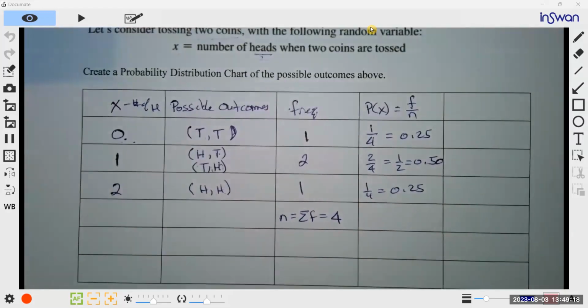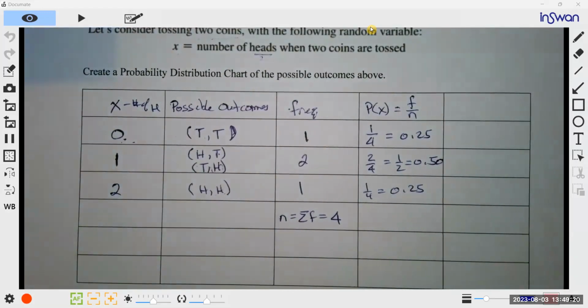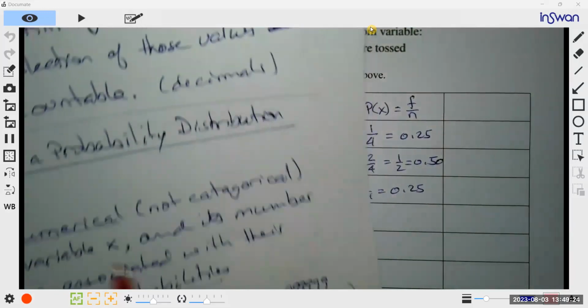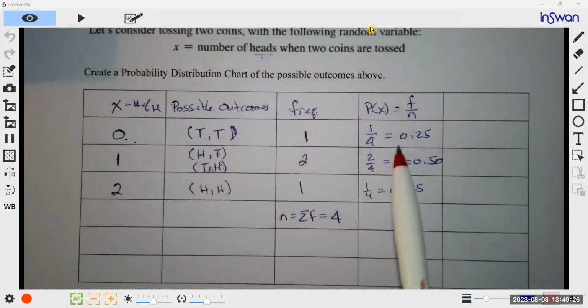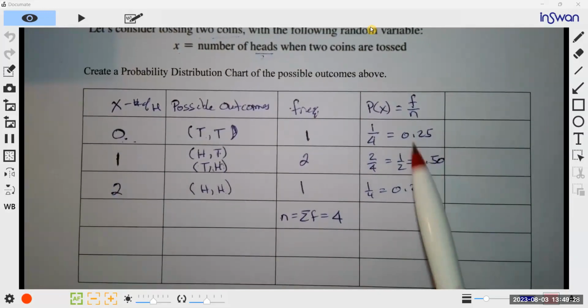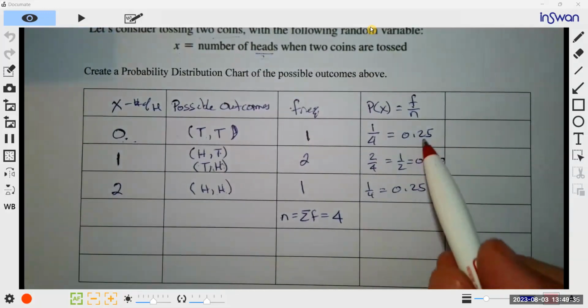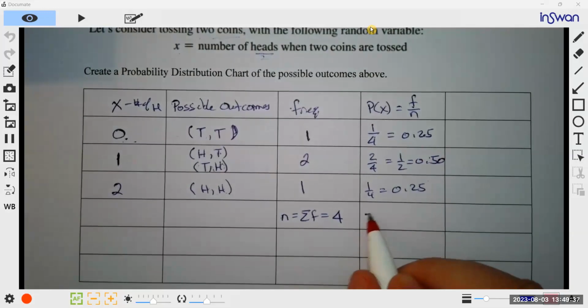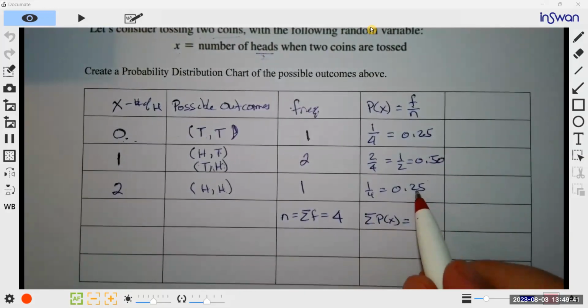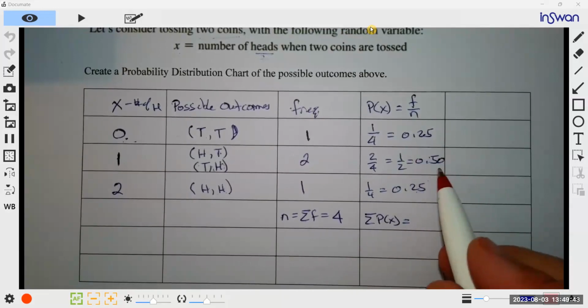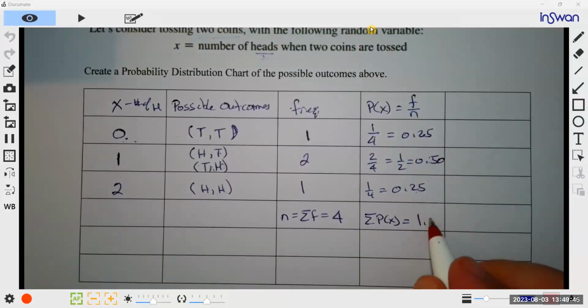Let's look at this. Do they match our 3 conditions? Are they numerical? Yeah, we can quantify them. So they're numerical, check. If we add up all the probabilities, 0.25 plus 0.25 is 0.5, 0.5 plus 0.5 is 1.0.